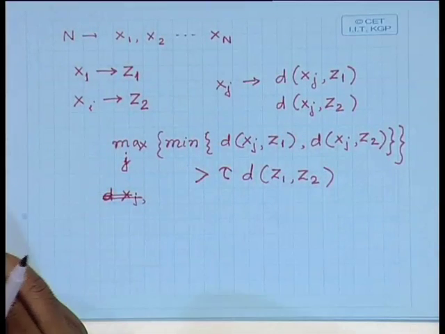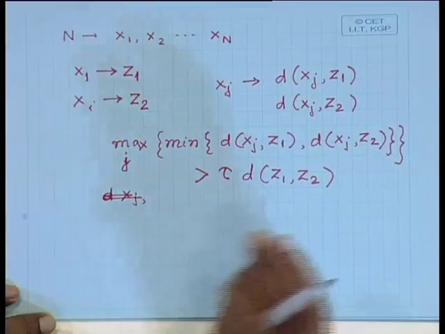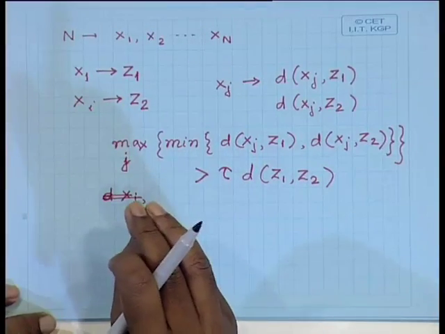Once I get the third cluster center, for all other points I have to find the distance from z 1, the distance from z 2, and the distance from z 3, which is the third cluster center. Out of these three distances, I have to take the minimum. Such minimum distances I have to compute for all other points, and out of these minimum distances I have to find the maximum.